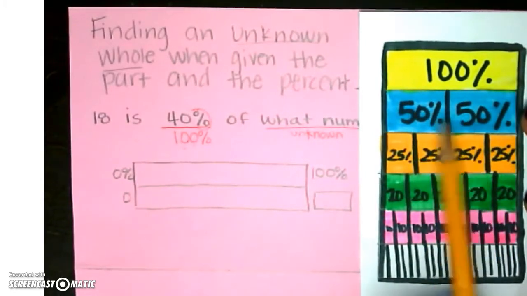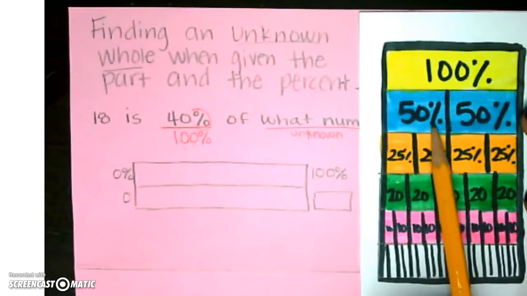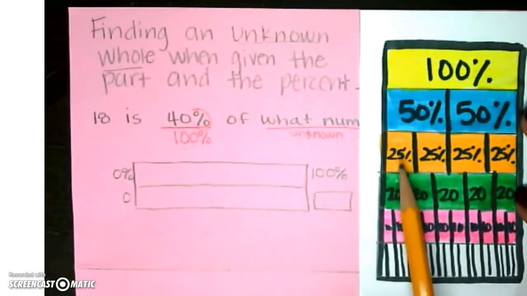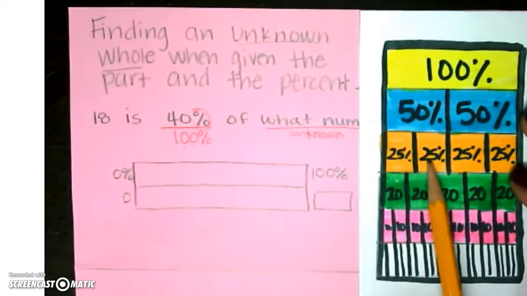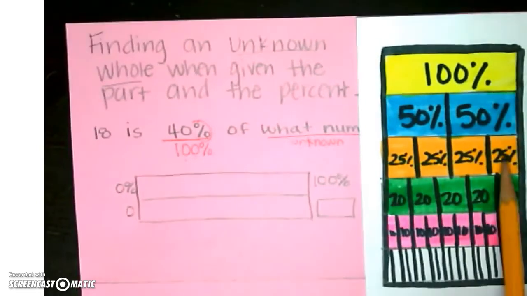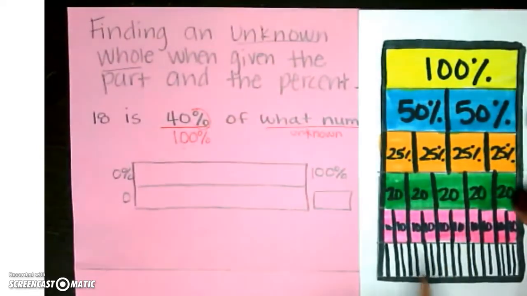If we cut it into two pieces and each piece is worth 50%, we'll get close to 40, but we have to be exactly there. If we cut it into 4 pieces and they're each worth 25%, again, we'll land on 25% and 50% and 75% and 100. So we'll get to 100%, but we'll never get to 40.